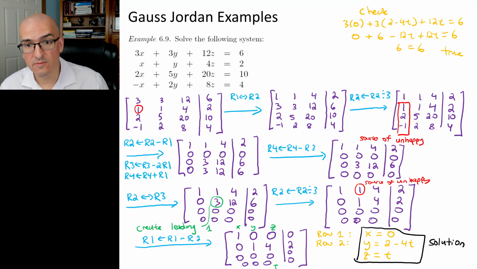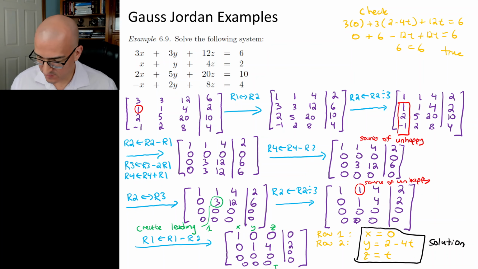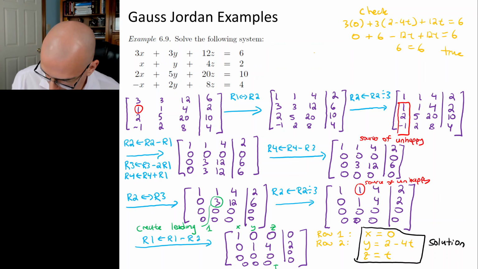How about this one? x is equal to 0, y is equal to 2 minus 4t, z is equal to t. We could actually rewrite that. I'll rewrite it up here. x, y, z is equal to the x part, 0, the y part, 2, the z part, 0, plus t times 0, negative 4, 1.